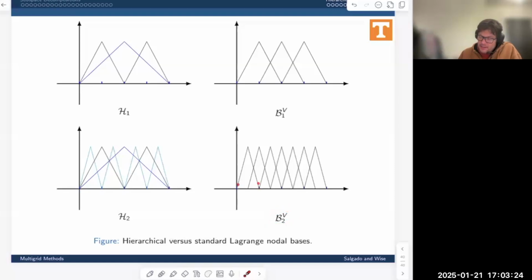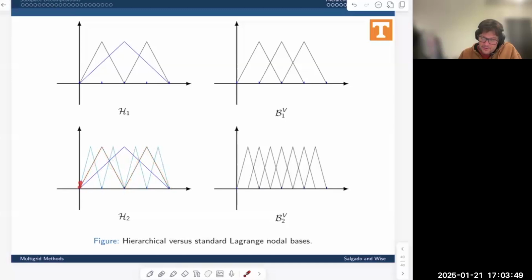Now for V2, according to our standard construction, this would be our standard Euclidean basis for V2. Remember, all of the basis elements look like each other. They're all carbon copies of each other. There are 7 of them in V2. But for the hierarchical basis, again, it's a reuse and recycle sort of strategy. Here's the element from V0 and W0. From W2, or sorry, W1, we're going to introduce those 2 guys.